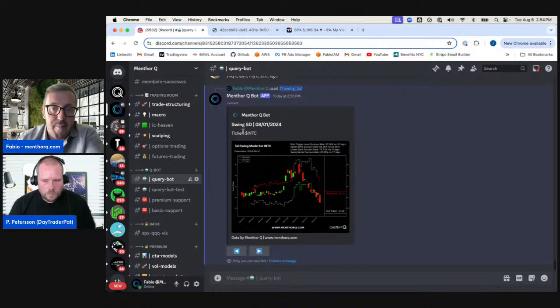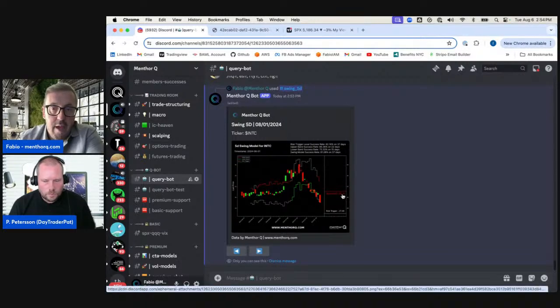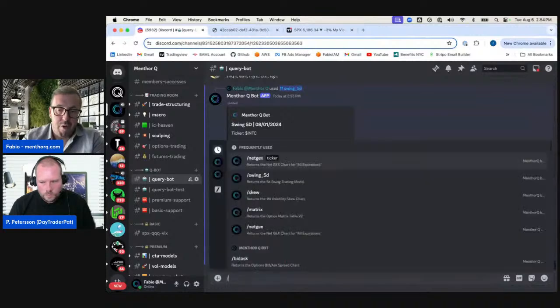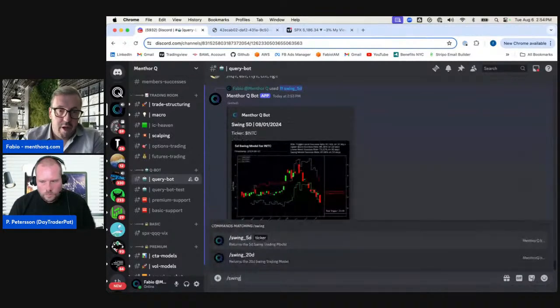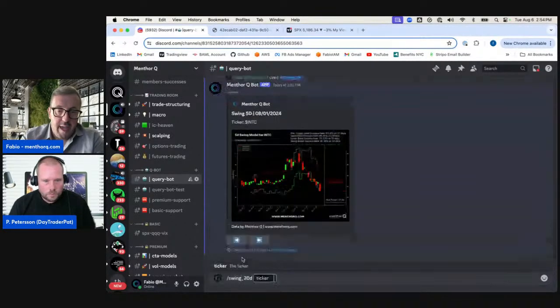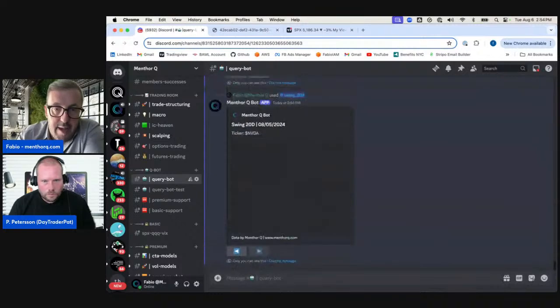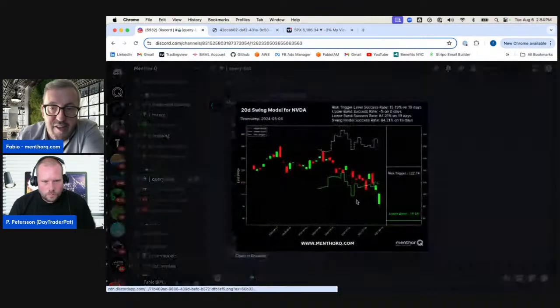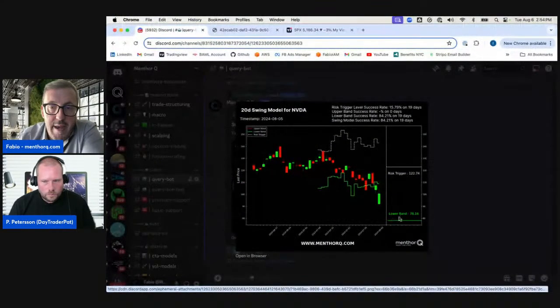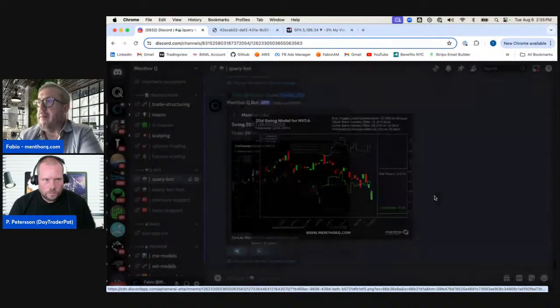The next day, I think the price dropped over 20%. This is an example of how you can use the data. If we look at the model on NVIDIA for 20 days, 78 would be our lower band. The fact that it's green shows you that we still have a bullish bias based on the model on that stock. I hope that makes it clear.